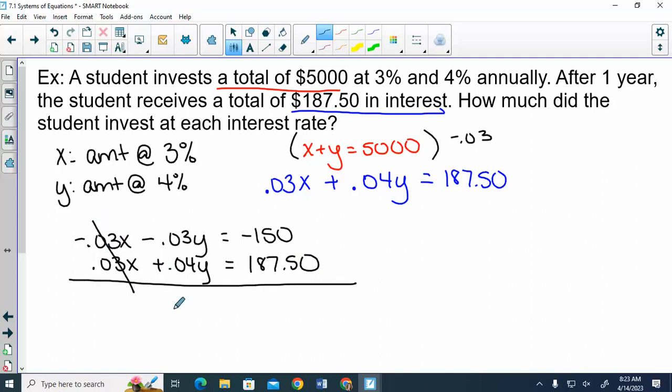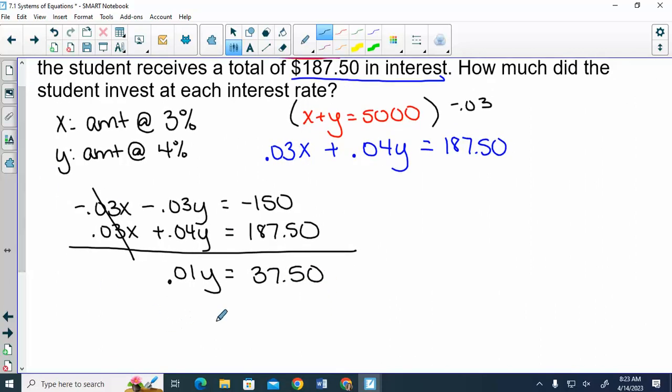If I add those, my x's cancel. So we get 0.01y equals 47.50. Divide by 0.01, what do you get?